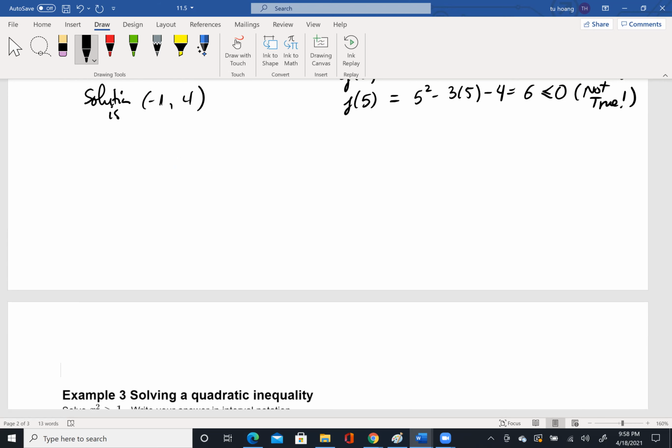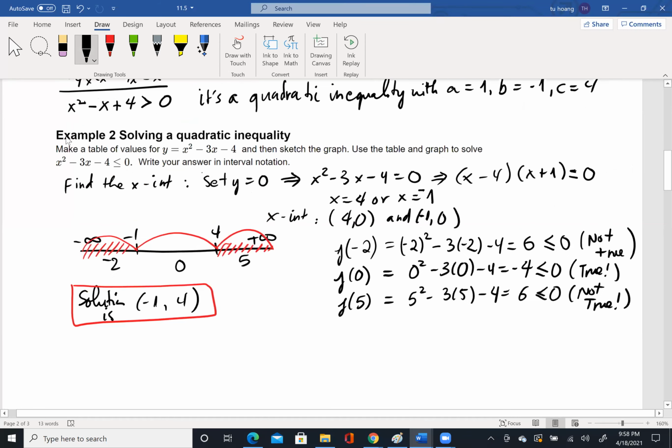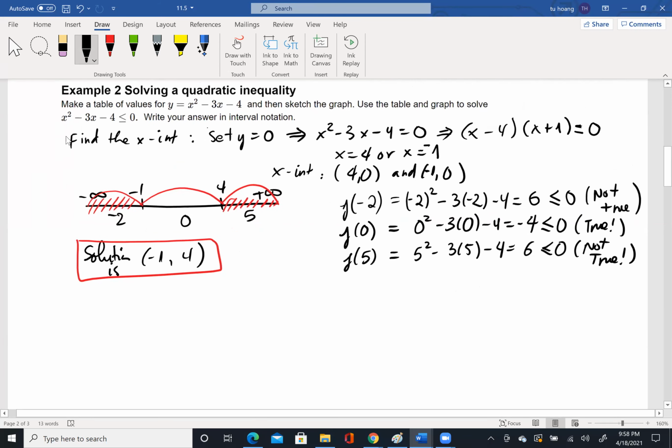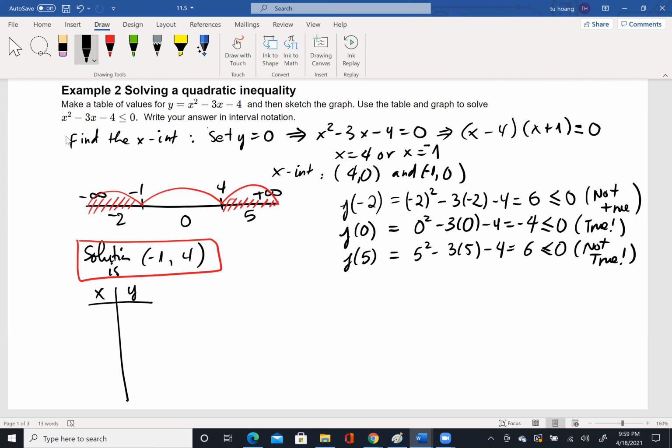So they say we need to make a table of values. I'm going to make a table over here, x and y. Let's start with -2.